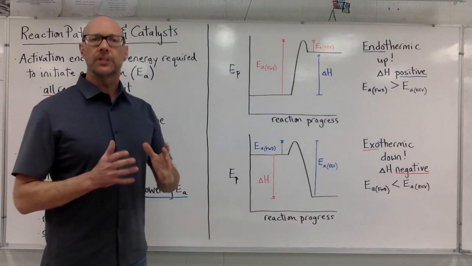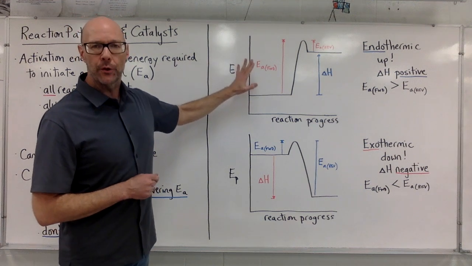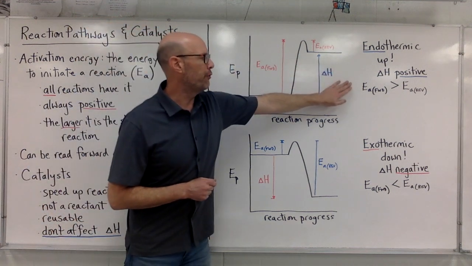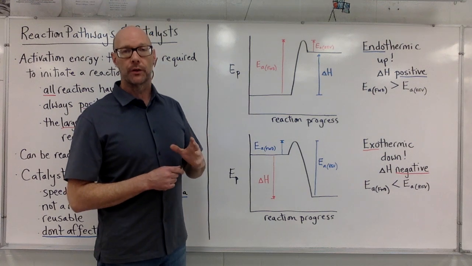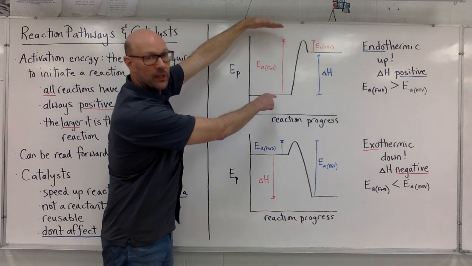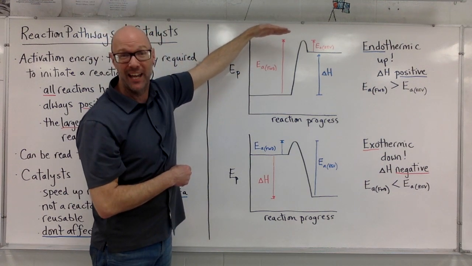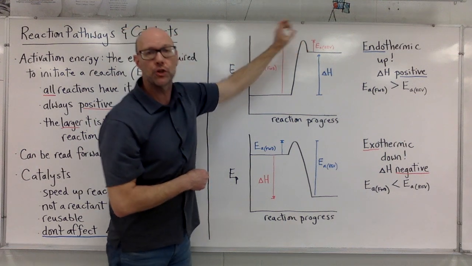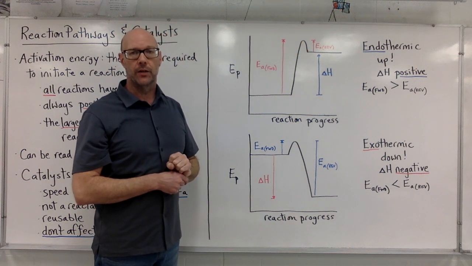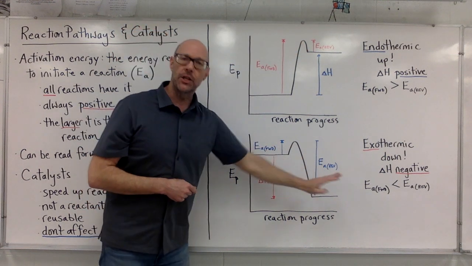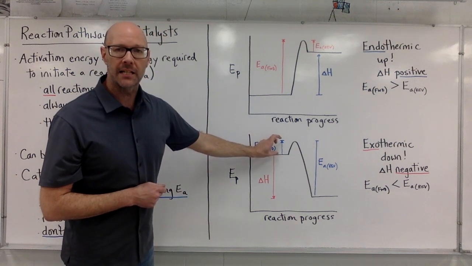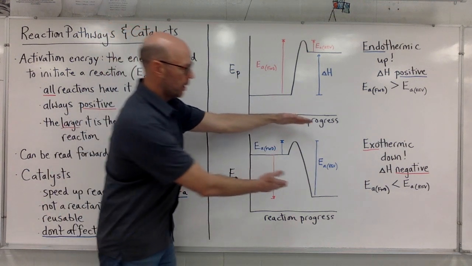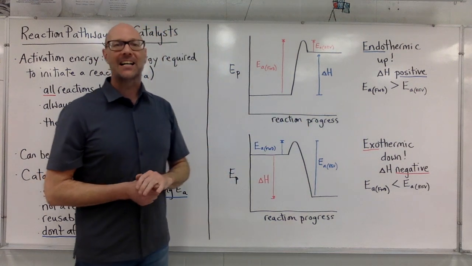An extra point to highlight is that in an endothermic situation, the forward activation energy is always going to be greater than the reverse. Look at how tall that one is. It's actually greater than the delta H, definitely larger than the reverse activation energy. It's the opposite in an exothermic situation. The forward activation energy is small compared to the reverse activation energy.